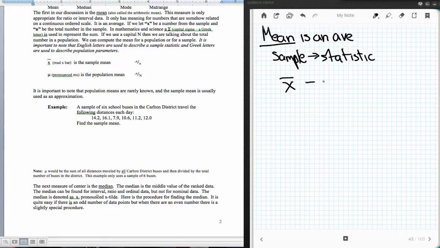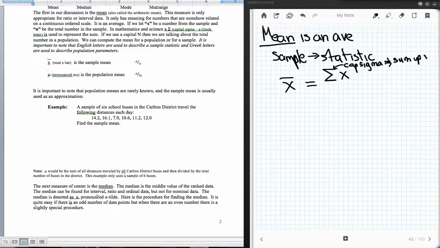And that is equal to the sum, and this is a Greek letter again. This is a capital sigma. So this capital sigma, I'm just going to put a cap and then sigma, means in math and science, sum things up. So this thing means that we're going to sum up values.